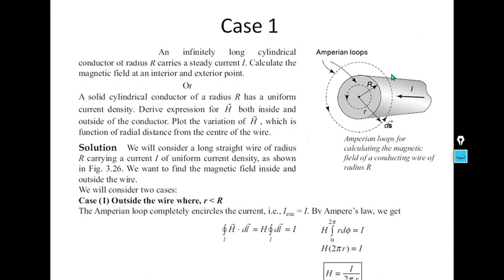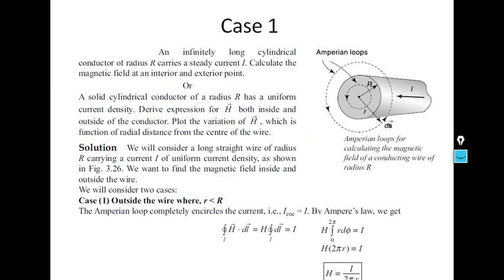Current density of this conductor means the current flowing through a particular area or surface. That is the current density. So this is uniform or symmetrical, or you can say it is of a cylindrical type, so you can take a symmetrical distribution.